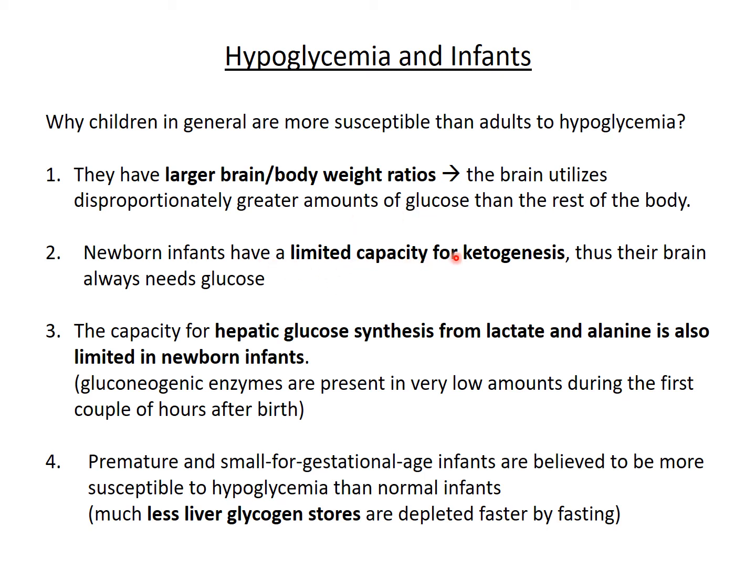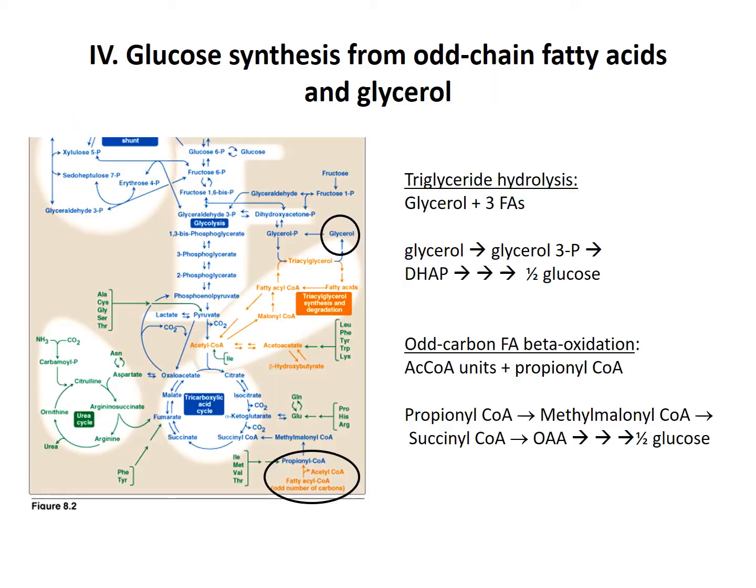They also have limited capacity for ketogenesis, so they cannot replace glucose even partially with ketone bodies. For newborns, the hepatic glucose synthetic machinery is not up to full speed yet. So it's very important to feed them with glucose. And the glycogen stores might not even be up to par, especially in premature and small for gestational age infants.